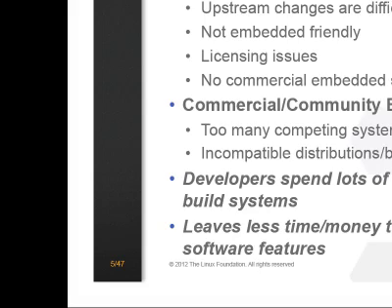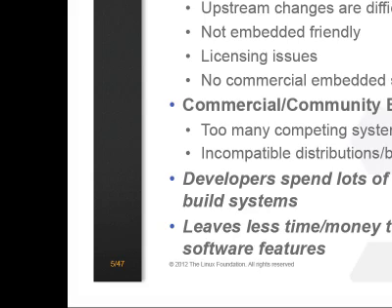The state of embedded Linux: most of the time you do DIY and roll your own or modify a traditional distribution. It's getting hard using this approach to do long-term maintenance, and upstream changes are very difficult to track. Also, there are other issues such as licensing issues and support issues.